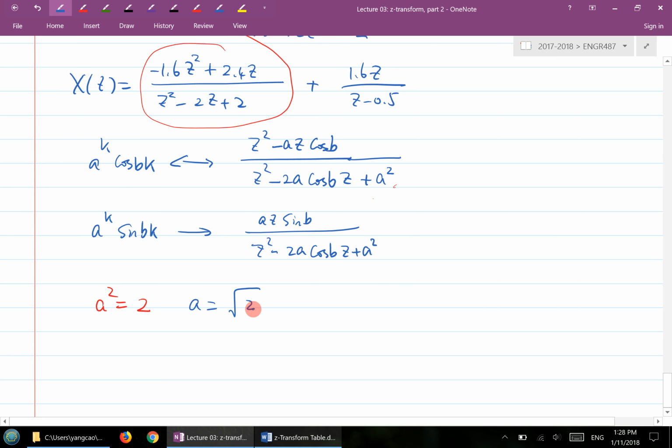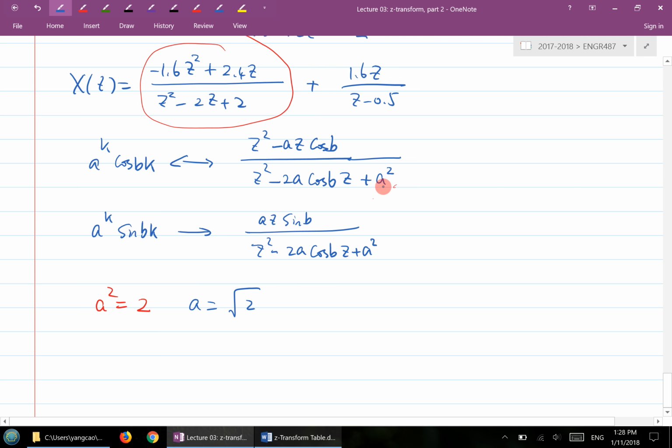Technically, a can also take which other value? Negative root 2. You can use the negative, but you will end up with the same results. If you're interested, I'll show you how. It doesn't matter which number you pick, so we'll pick the positive one, a equal to root 2.